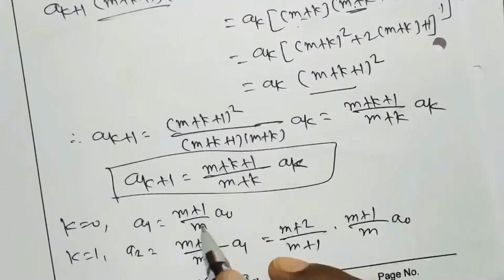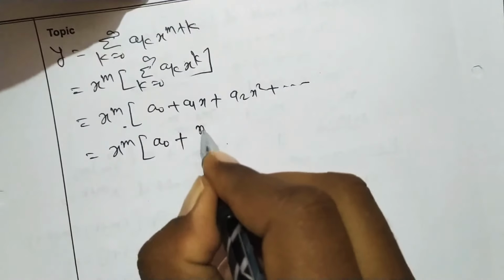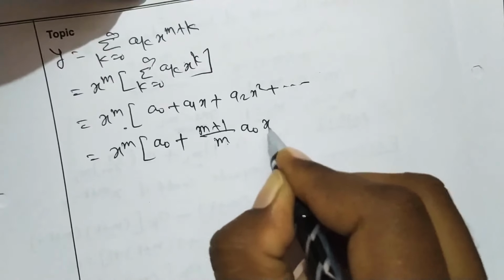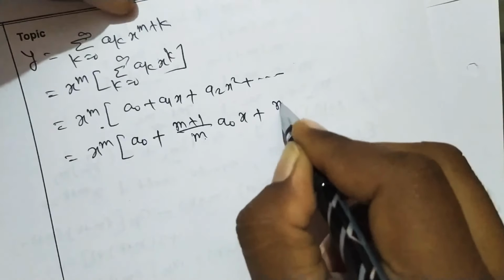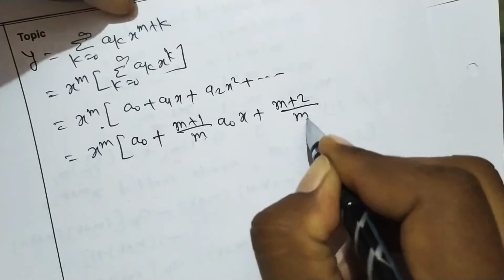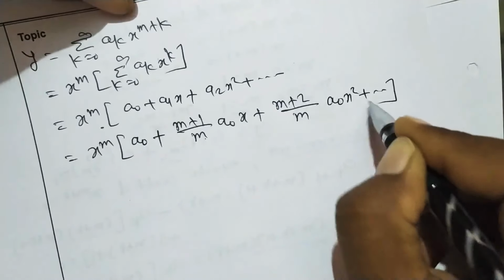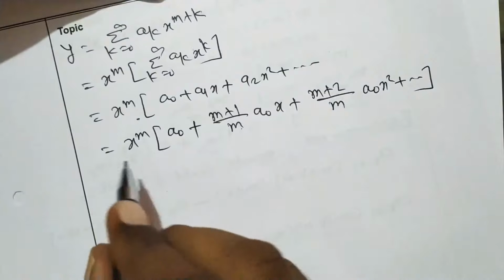Now what is the value of a1 here? A1 is m plus 1 upon m into a0. So a1 is m plus 1 upon m into a0 x plus a2, which came as m plus 2 upon m into a0 x square plus so on. Okay, so from this we can take a0 common.